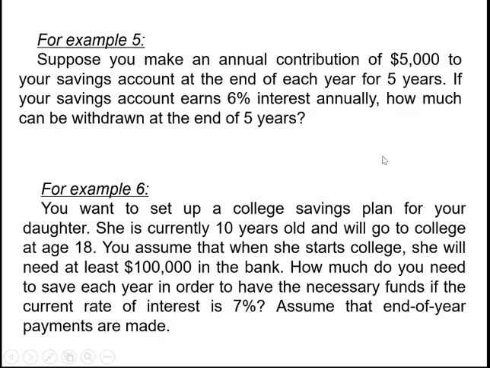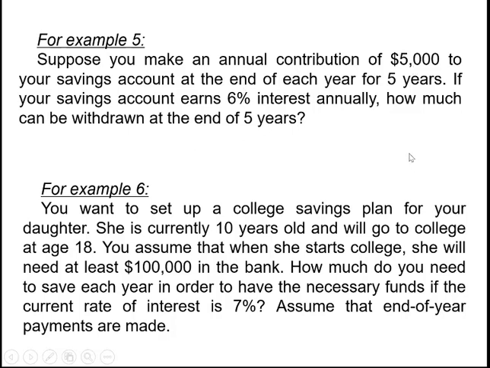The cash flow diagram includes 5 periods, and we have an equal payment series of 5,000 at each period. The direction of the arrows is downward because we put money into the account.